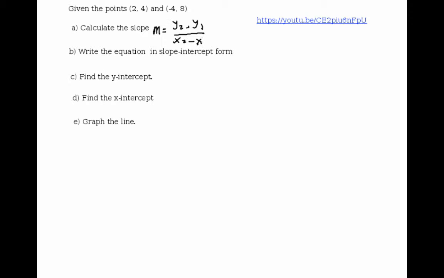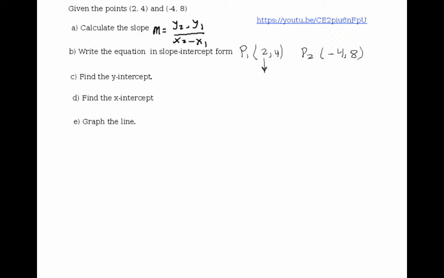So you need to know this formula to find the slope. At this point, I need to assign point 1 to be (2, 4), and point 2 is (-4, 8).